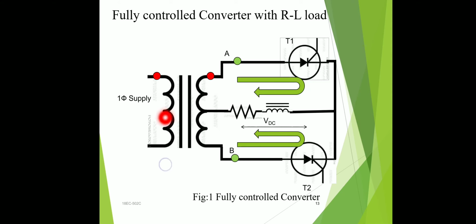For the negative half cycle, B is positive, that means the current generally flows through point B, thyristor T2, inductor and R to the center tap of the transformer.